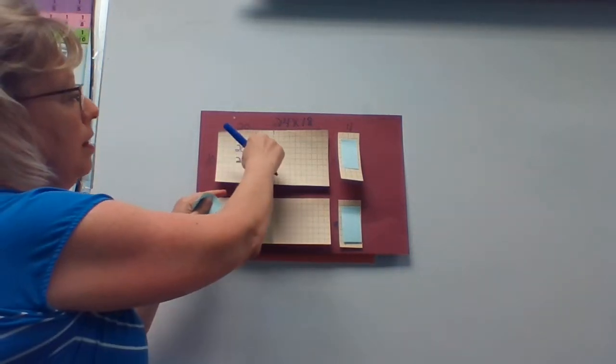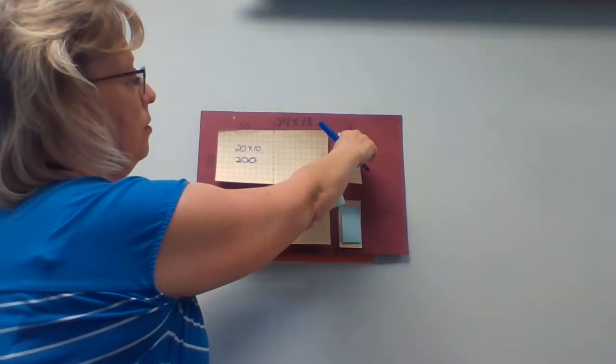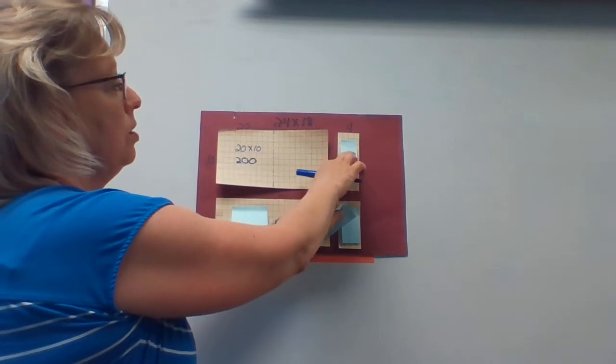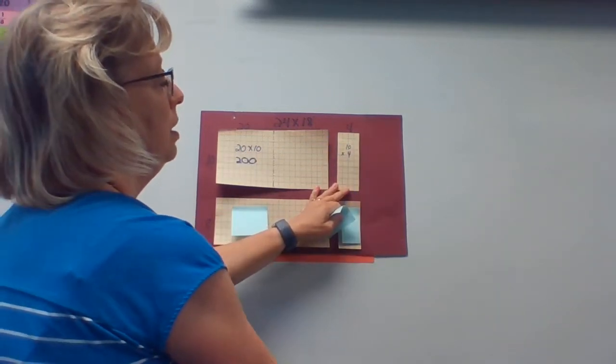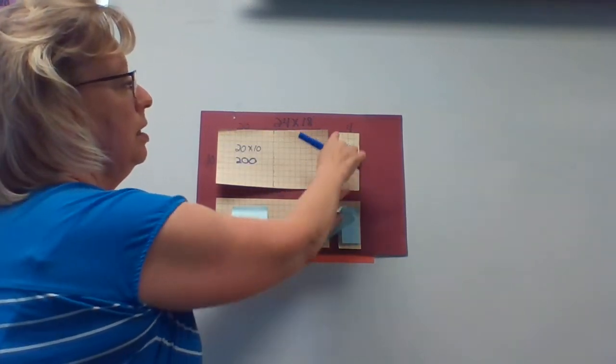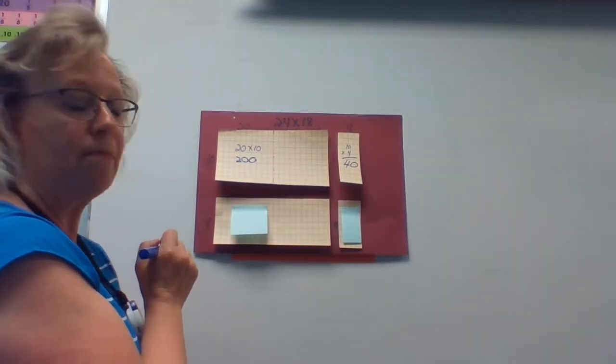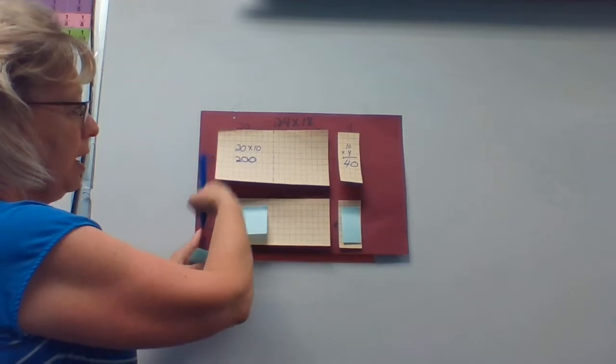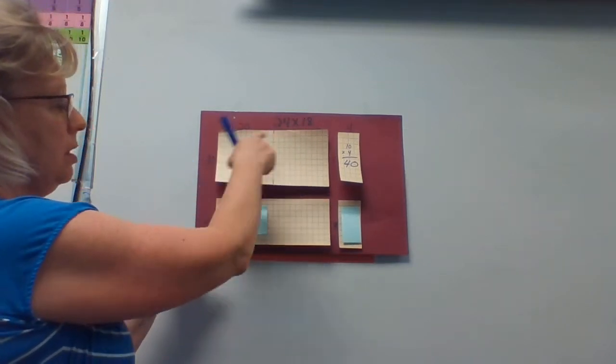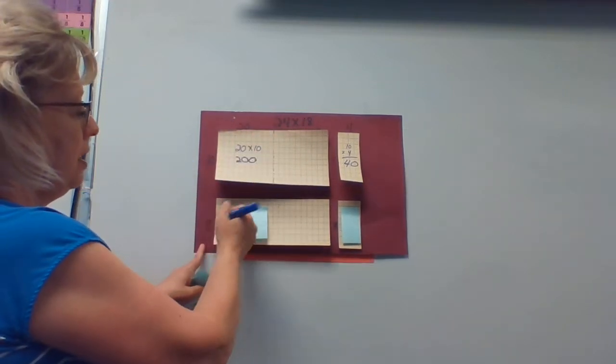Okay. This line right here, here's my 4. This is still 10, so this equation is going to be 10 times 4, which is 40. Now, here's my 8 for my 18, because here's the 10. So this line is 8.